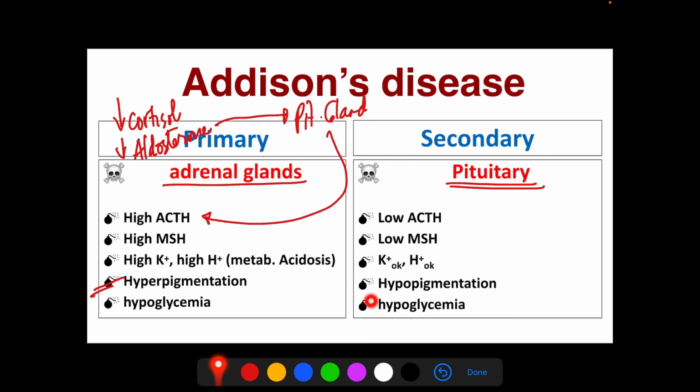As opposed to that, we have the secondary Addison's disease, wherein the problem lies in the pituitary gland, meaning to say, despite the low levels of these hormones, the pituitary gland is not stimulated to produce ACTH. That's why you can see these values and also other things here.